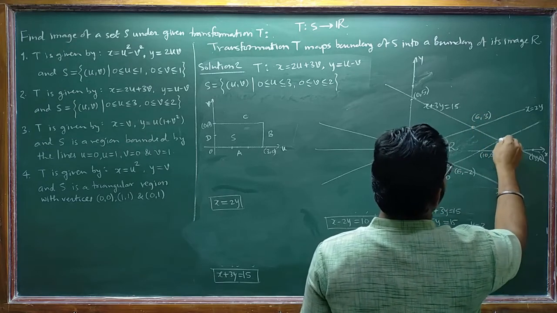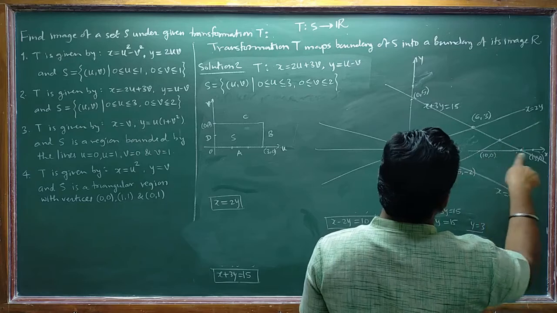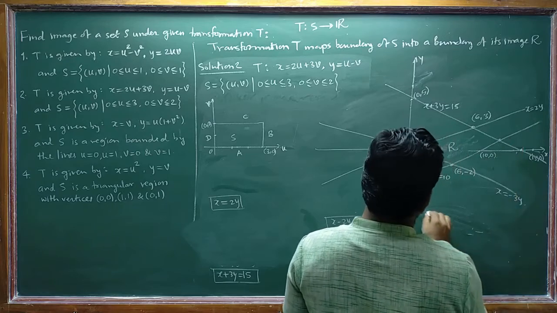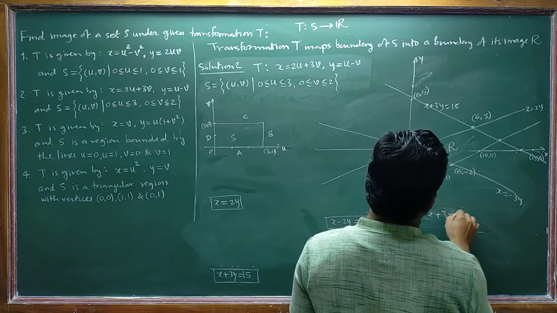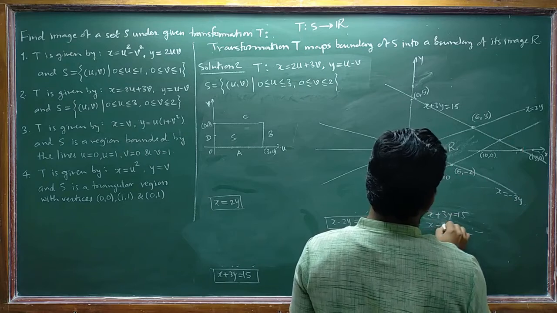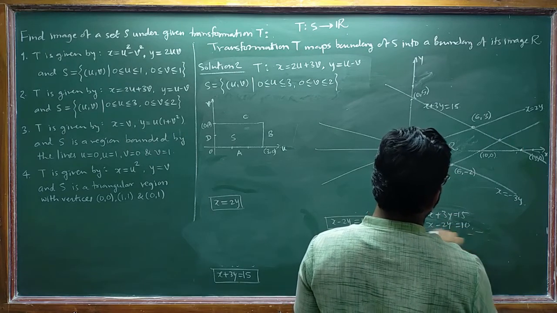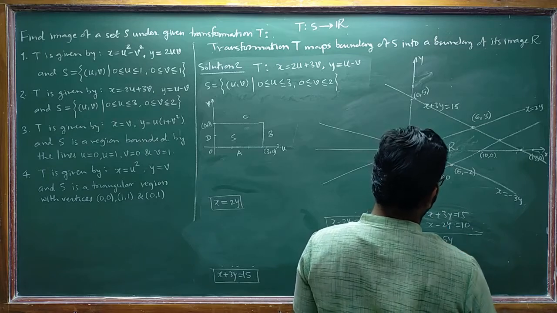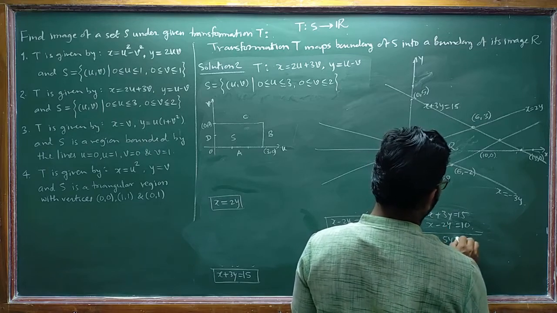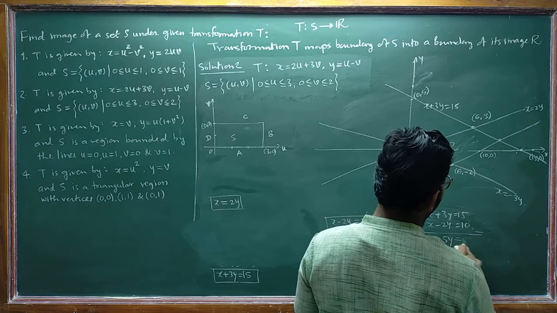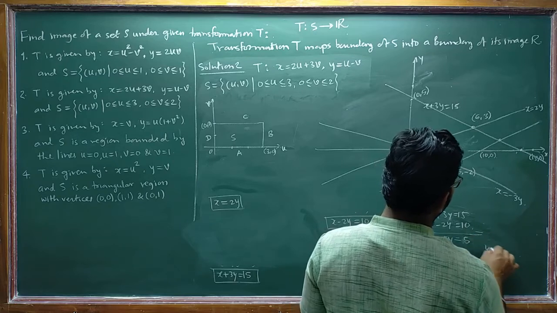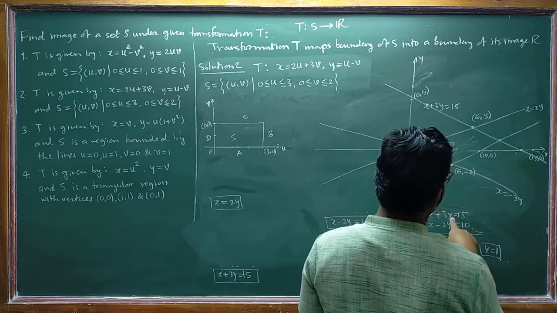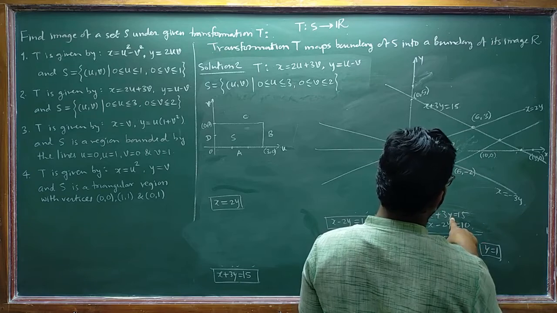What about this? Intersection of two lines. x plus 3y is 15 and x minus 2y is 10. So taking subtraction, what we get? 5y is 5. So y equal to 1 and y equal to 1 implies x equal to 12.